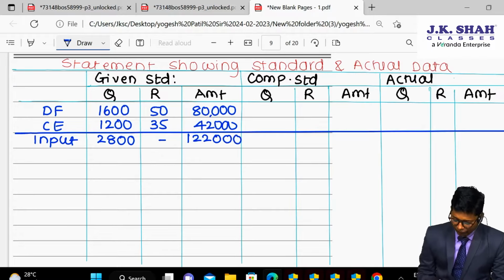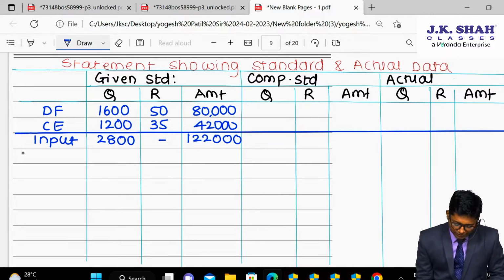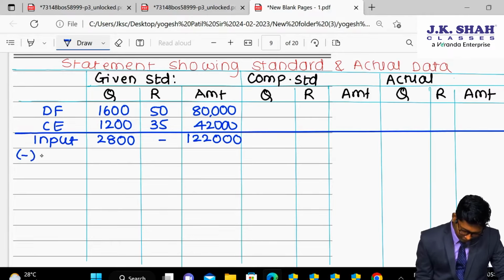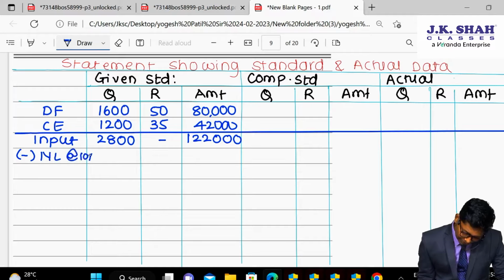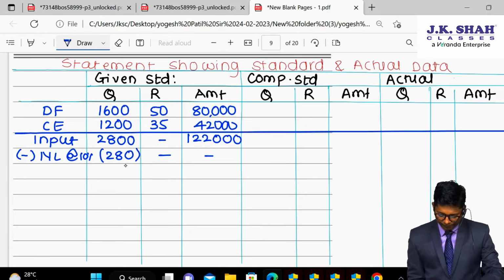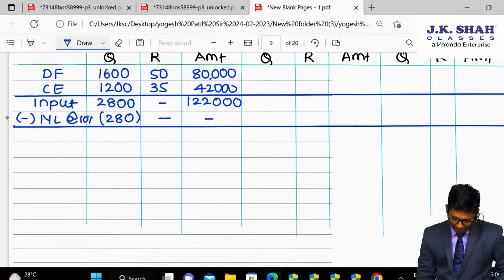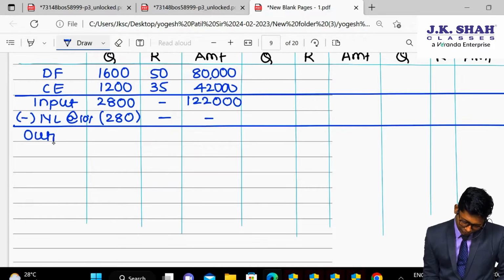Correct? Now you are not going to get the same quantity as output, as a certain normal loss is expected by the company, so we should deduct the normal loss from this. The normal loss expected is 10%, and that is 280, which has no realizable value as no information is available. When you deduct the normal loss from your calculation, the balance which you get is your output.